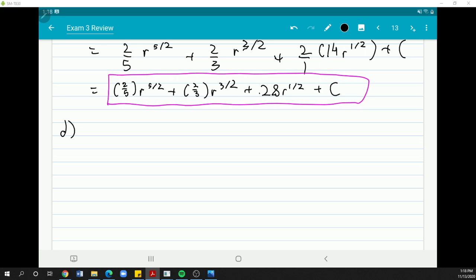Okay, the integral of x over x minus 1. Wait, this one might not work actually. So this was the goal to do this. Yeah, okay. So this does not quite work.